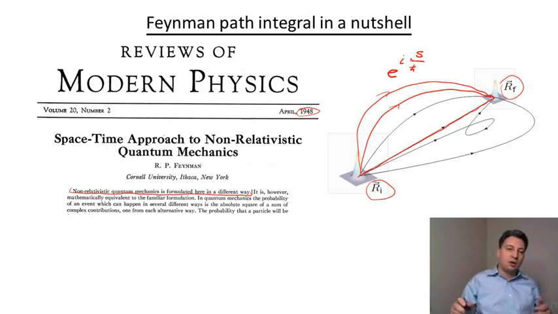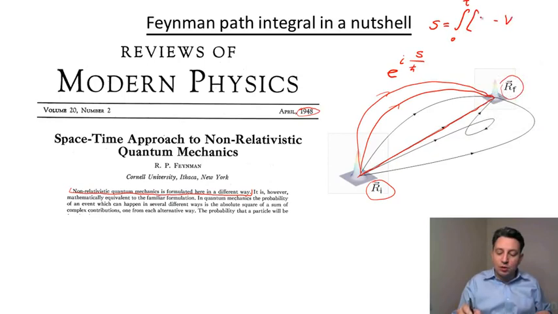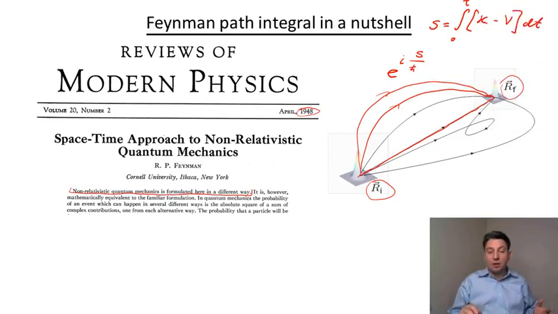Just to remind you, the classical action is an integral from 0 to t of the Lagrangian, which is the kinetic energy, mv squared over 2, minus the potential energy, times dt. In classical physics, the minimum of this action gives rise to Newton's equations and to classical equations of motion. In quantum mechanics, there is no principle of least action, as Feynman showed, but all actions are allowed, and all of them give rise to some terms in quantum theory.